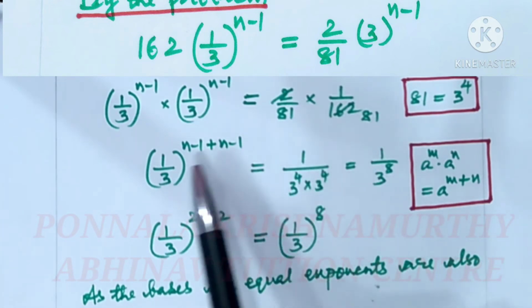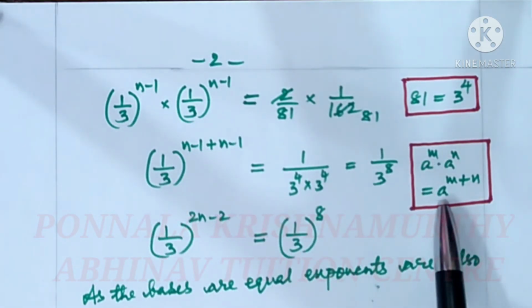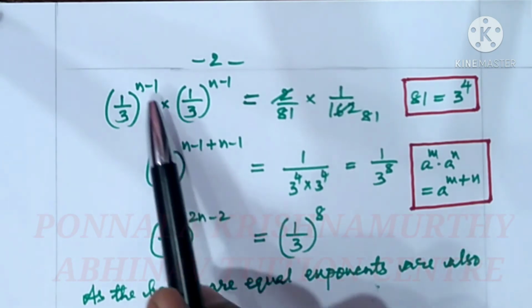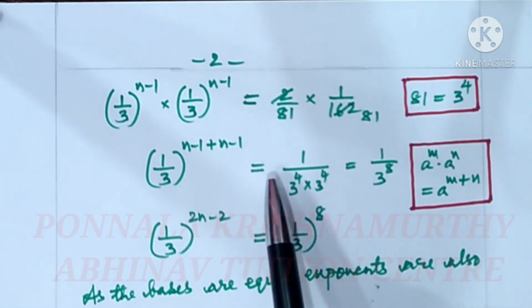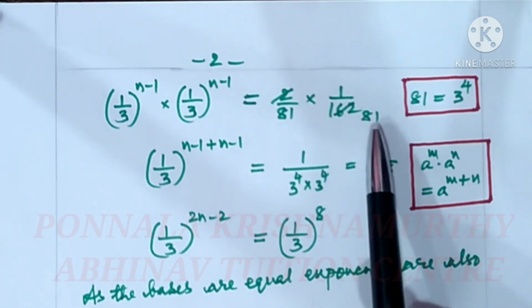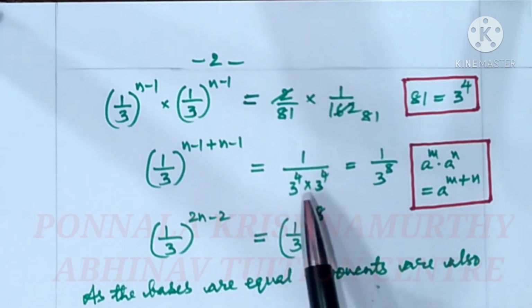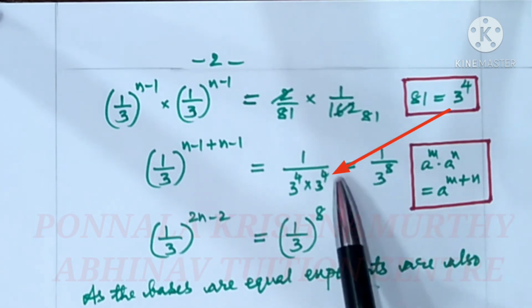Now this is a power m into a power n, that is equal to a power m plus n. So (1/3) whole power n minus 1 plus n minus 1 is equal to 2/81 into 1/162, the 2 and 162 cancel. Now 1/81 can be written as 1/3 power 4 and this 81 is also 3 power 4.